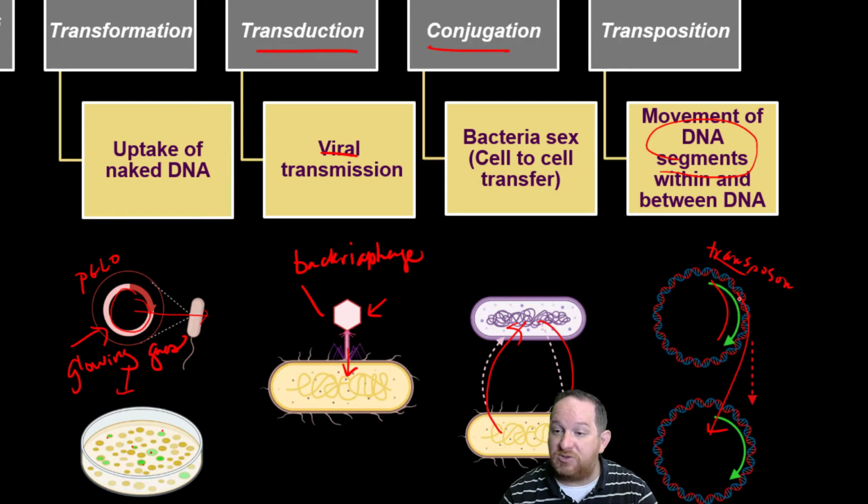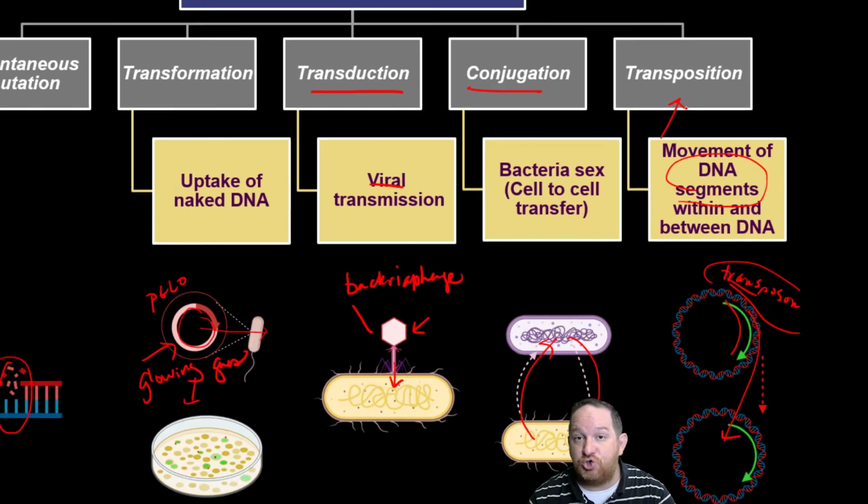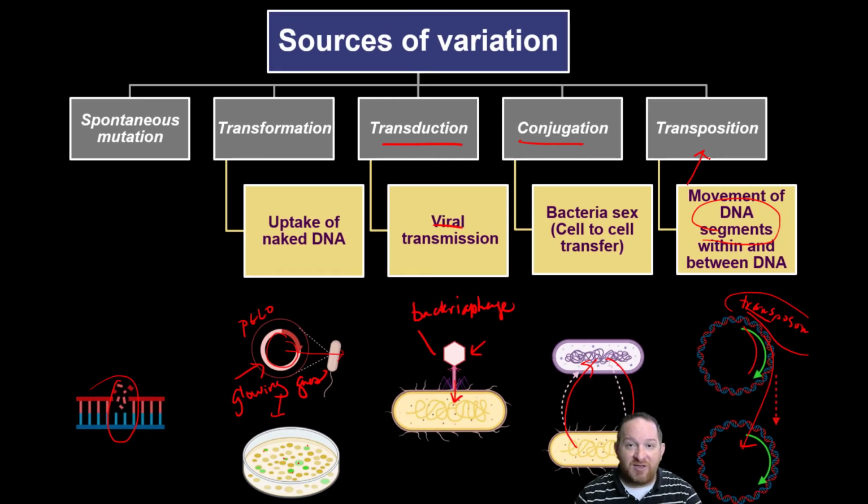So it was transposed from here to there. We would call that a transposon, and we call this process transposition. Okay? So there's lots of ways that bacteria show variety or can obtain variation: mutations, transformation, transduction from a virus, conjugation from another bacteria, or transposition within the DNA itself.